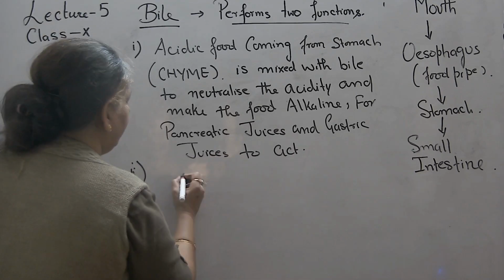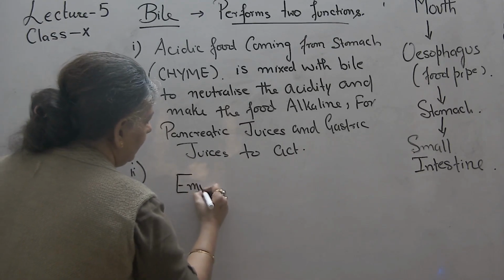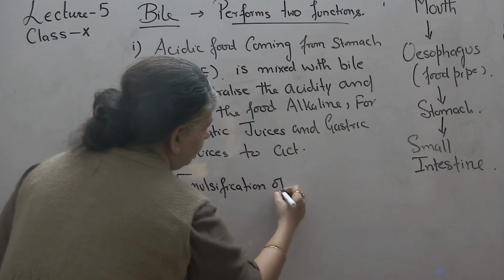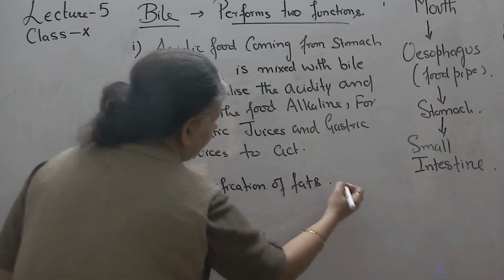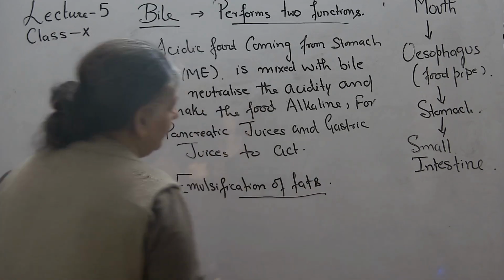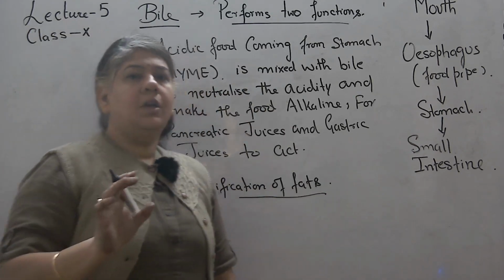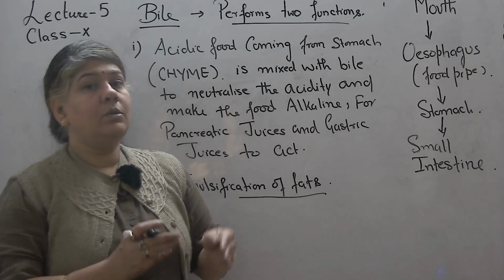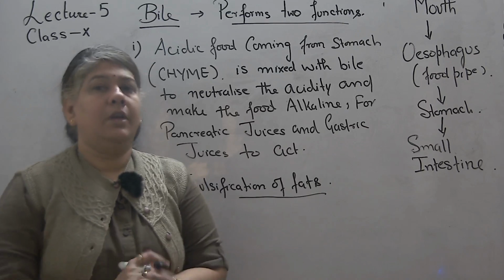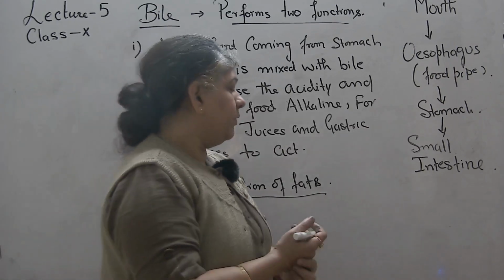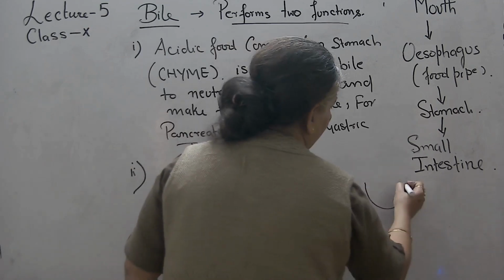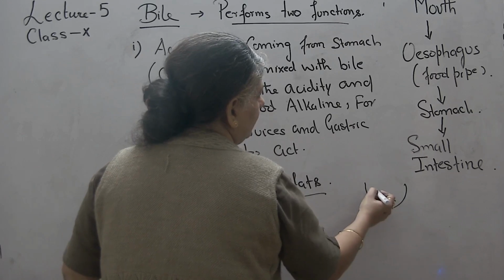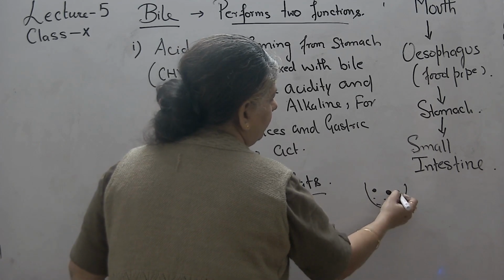I'll just explain what is emulsification. Emulsification of fats. See, emulsification means these fat molecules are very big molecules. They need to be broken down into smaller molecules. This is called emulsification. So, if you perform an activity, take a bowl of water and drop 1 or 2 oil drops.